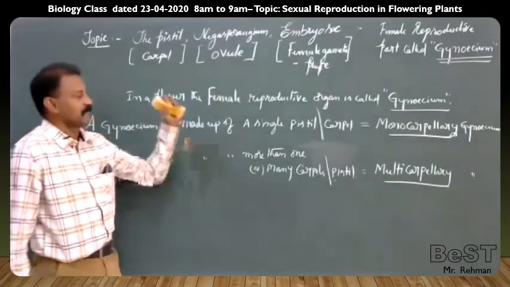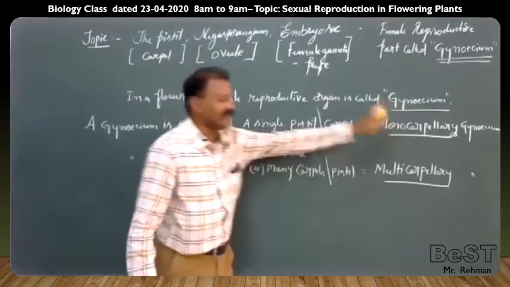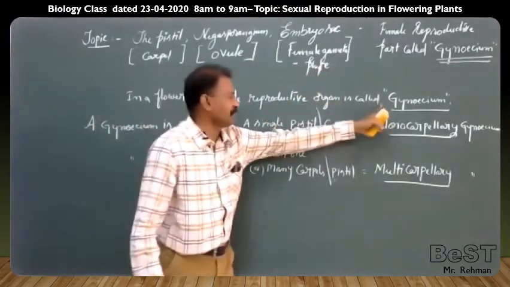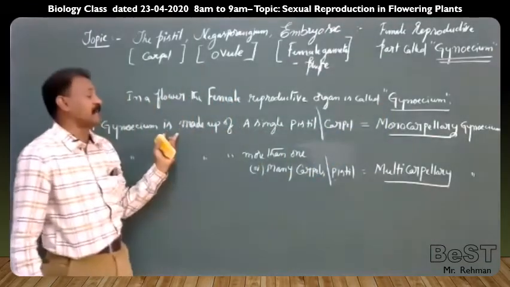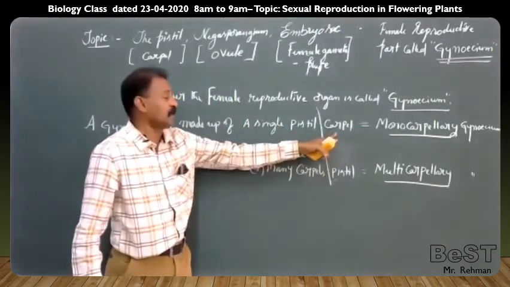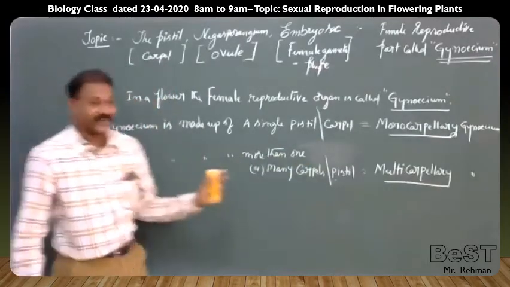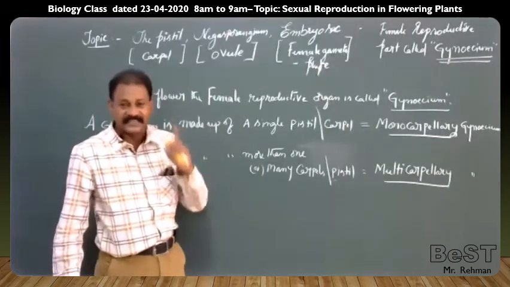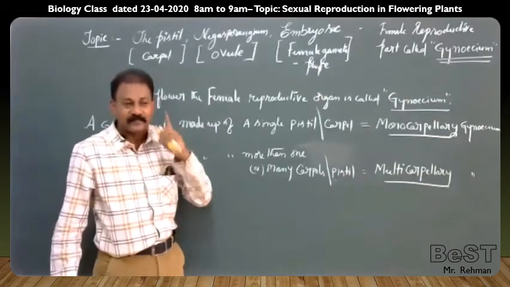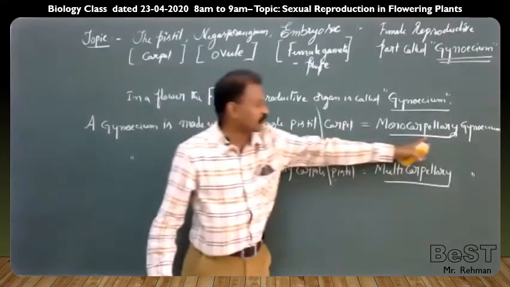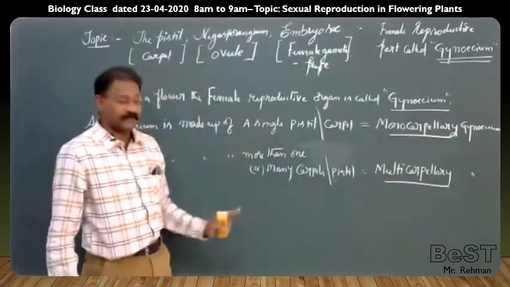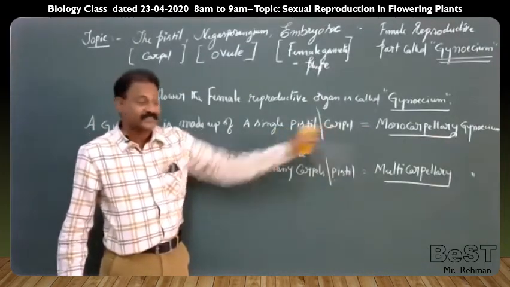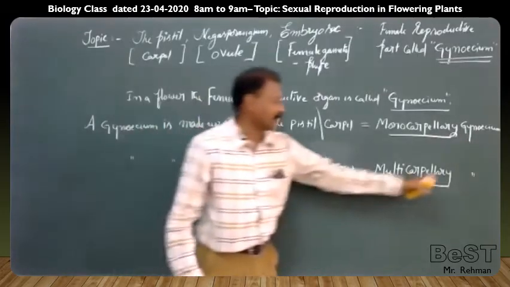So, what is gynoecium? Gynoecium is the female reproductive part of the flower. In a gynoecium, it is represented in the form of a pistil or carpel. For example, if it is represented by a single carpel or a single pistil, such condition is called monocarpellary. Or in some flowers, there may be more than one pistil or more than one carpel. Such condition is called multicarpellary gynoecium.